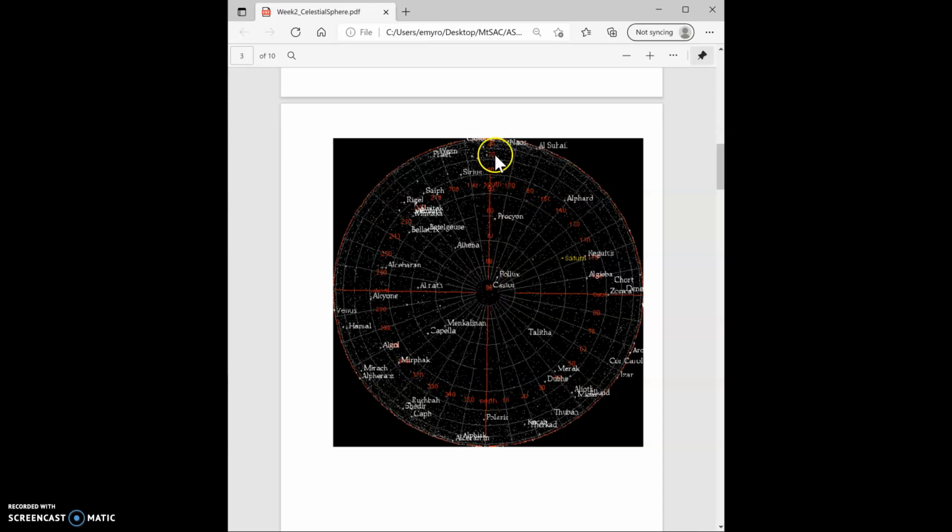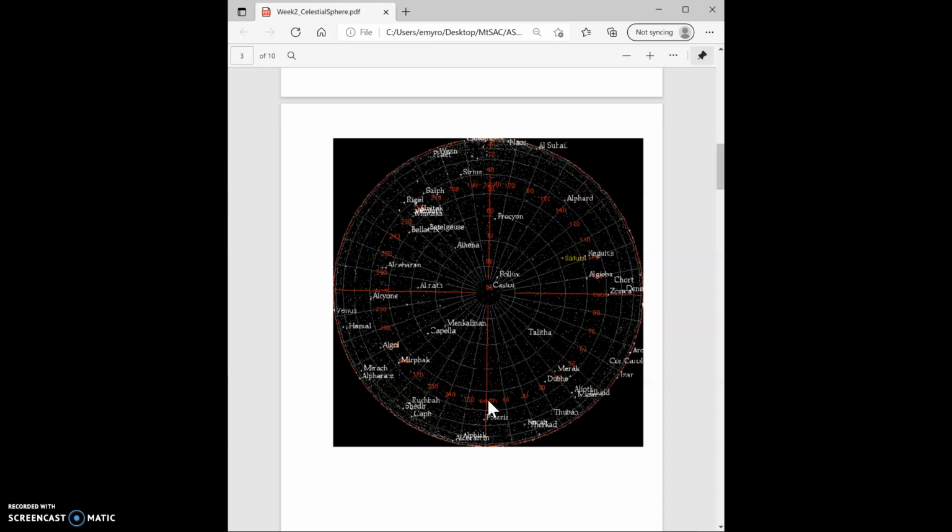And so you can read the label. It starts at 0. Then this will be 20, then you'll have 30, 40, 50, 60, 70, 80, and 90 degrees of altitude.